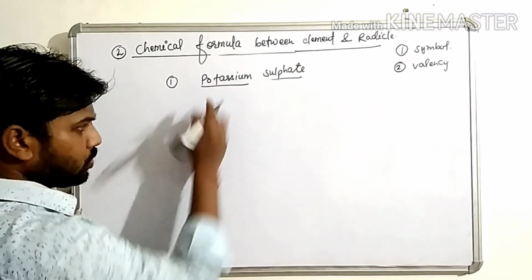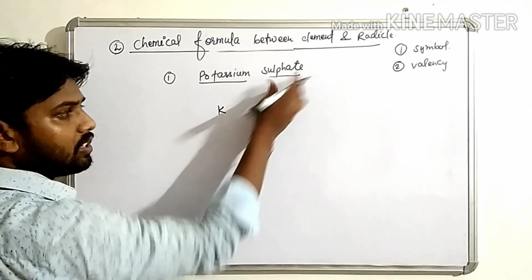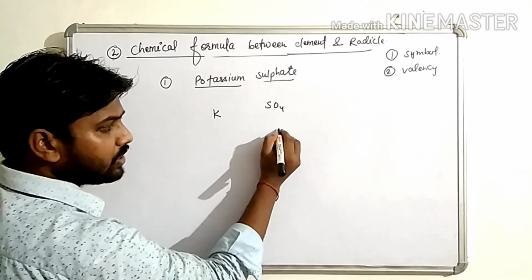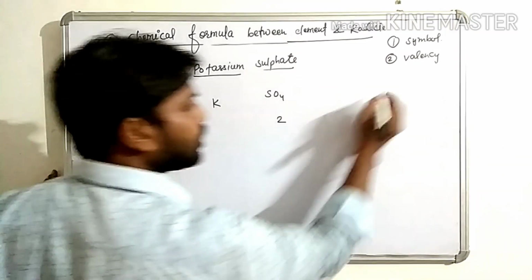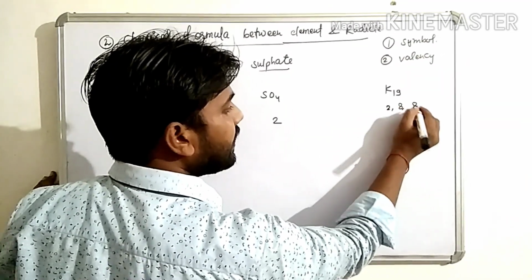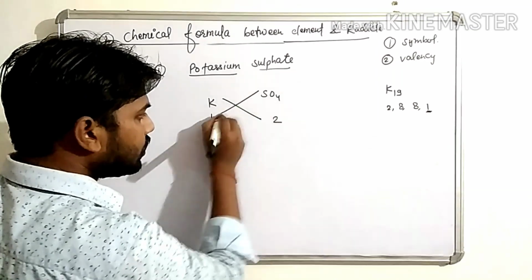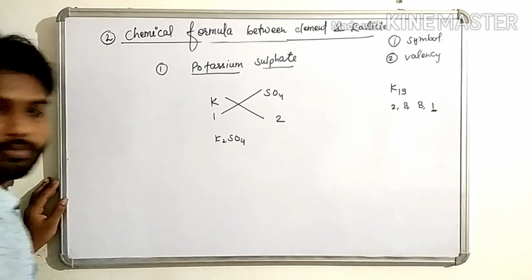The symbol of potassium is K and sulfate is SO4 2 minus, so its valency is 2. Now calculate the valency of potassium: 19: 2, 8, 8, 1. Its valency is 1, children. The formula is K2SO4.